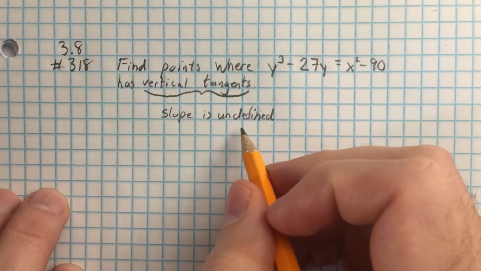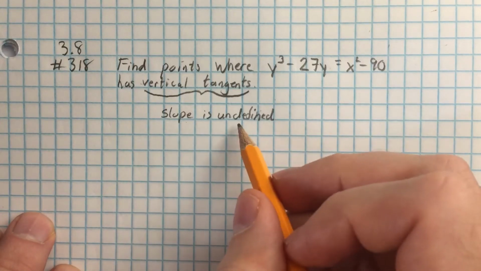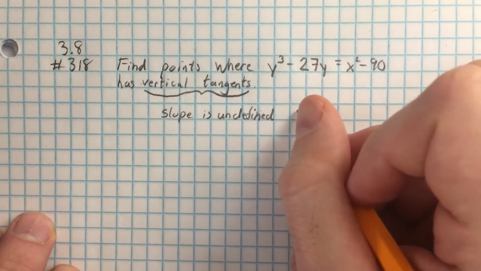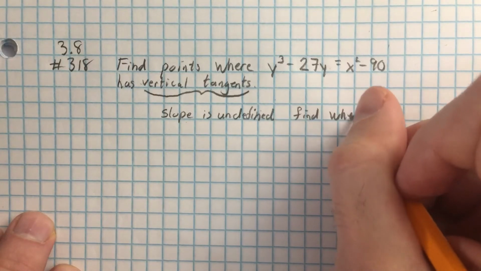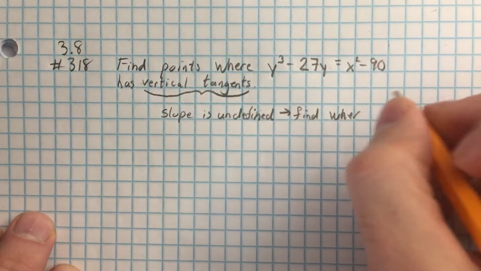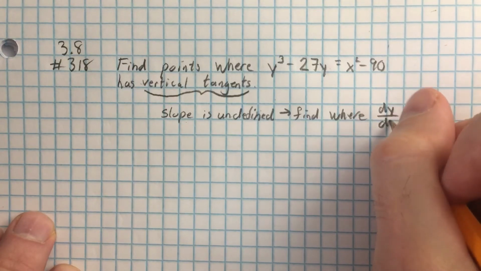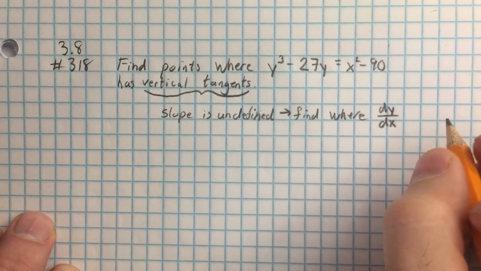We don't have to come on to the infinity concept per se for the slope. So we just want to find where the slope is undefined for this particular curve. So to do that, we need to find where the standard derivative in the plane, the standard slope in the plane for this curve is undefined.